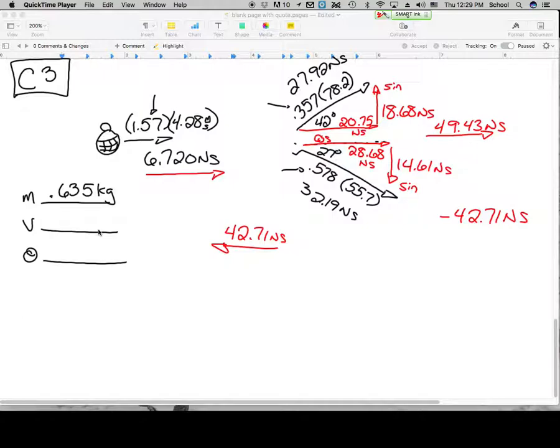We know that the forward is equal to the forward, but we also have to know the side has to equal the side. And initially the grenade was thrown forward, it wasn't thrown to the sides at all. So the total to the side should cancel out. Does it cancel out? No. Right now it doesn't. I've got 18 going this way and I've only got 14 going this way, so I'm missing some going to the right. How much am I missing? We just take 18.68 minus 14.61.